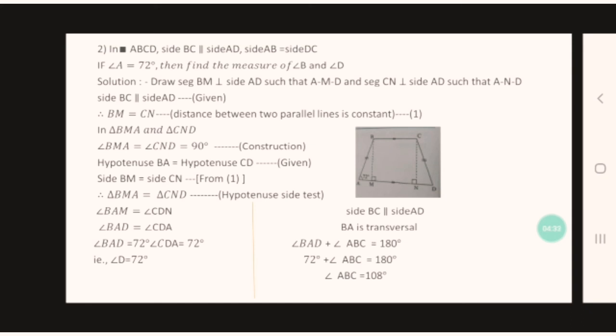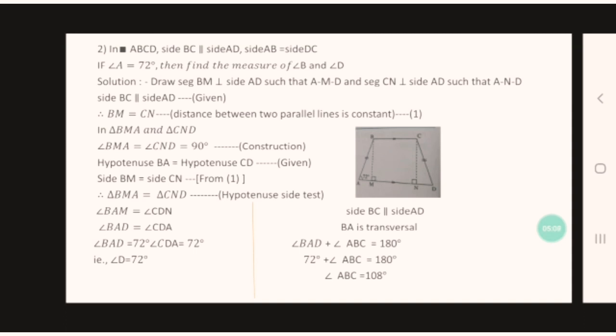Okay. Now here what is given to us, what we have to do, very first thing, we have to draw the perpendicular to line segment AD. So this BM is the perpendicular, okay, to AD such that M lies between A and D. Then CN is the perpendicular to AD such that N lies between A and D. This is what we have to draw.